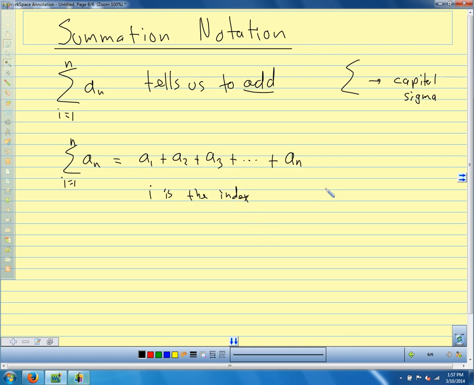It just tells us which term we're talking about. 1 is the lower limit. For this particular example, we could pick any number from 1 on up to be our lower limit. And n is called the upper limit.